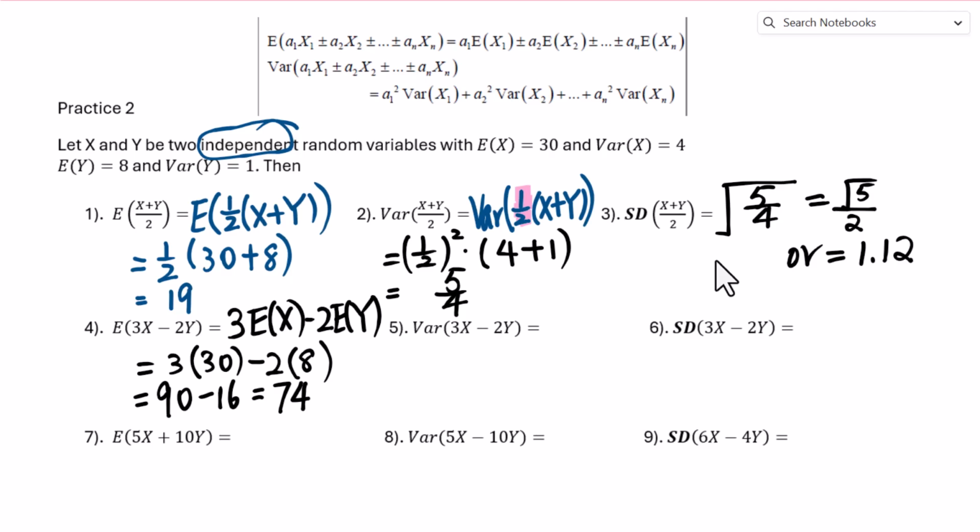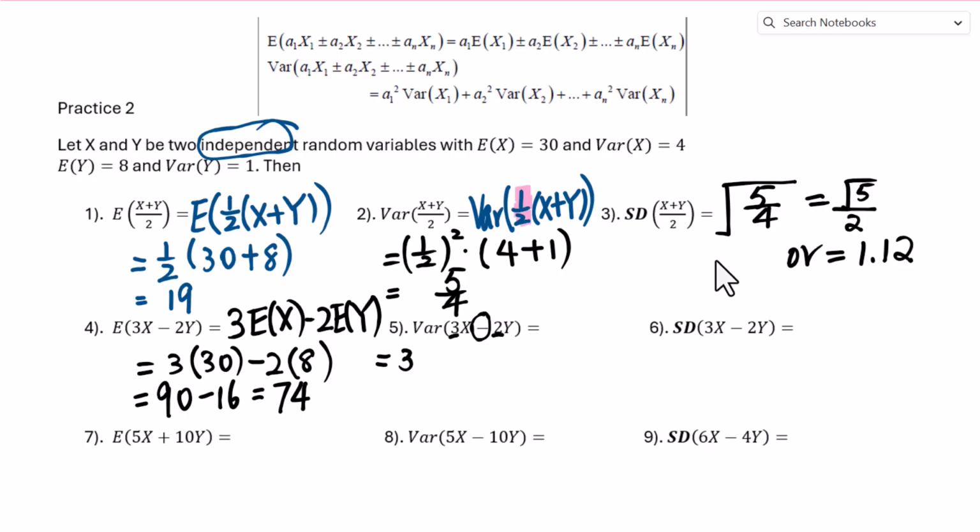Let's go to question 5. For variance, the coefficient will be squared, and minus we need to change into plus.